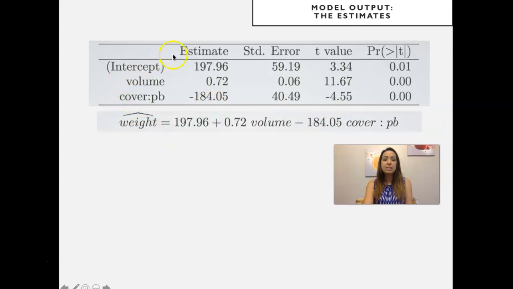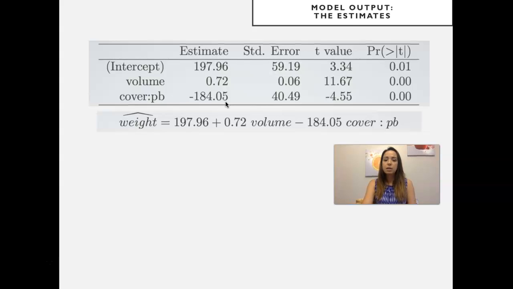Again, if we take these estimates, we could write out the equation and replace the betas by the actual values, right? We mentioned that beta 0 would be the intercept of the general model, which is 197.96. We can replace beta 1 by the coefficient obtained for volume, and beta 2 by the coefficient provided for cover paperback.